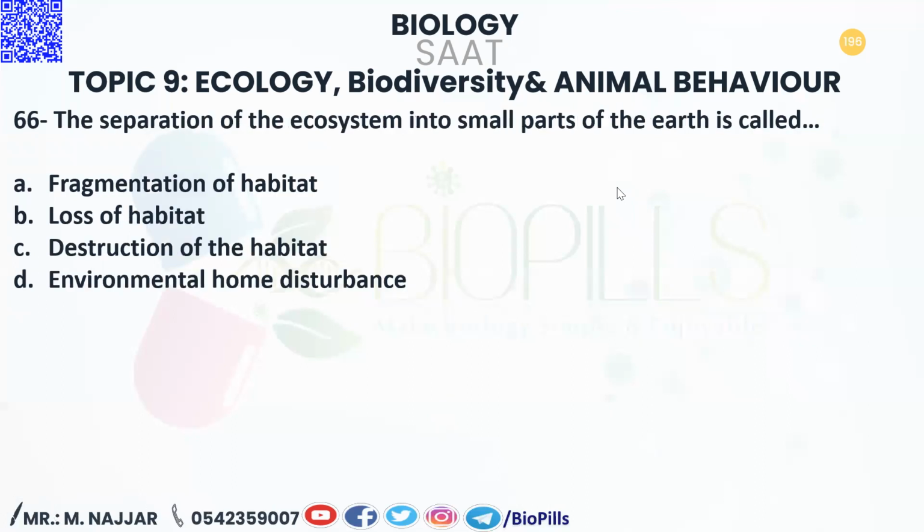Question number 66. The separation of the ecosystem into small parts of the earth, which is done by us actually, is called habitat fragmentation. In order to overcome it, we make habitat corridors.